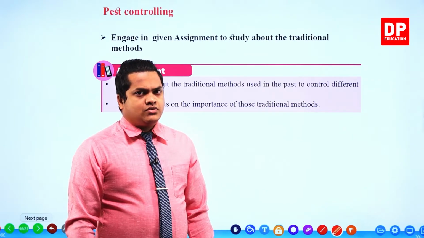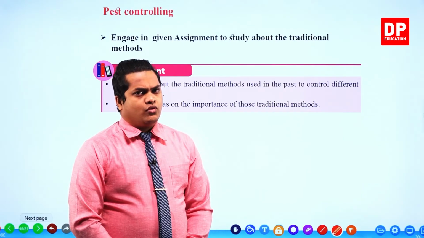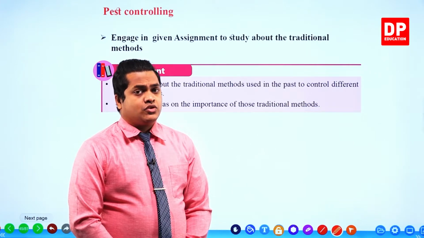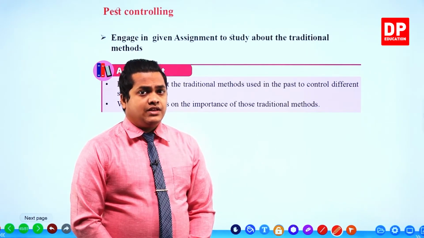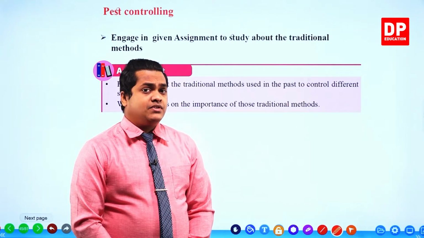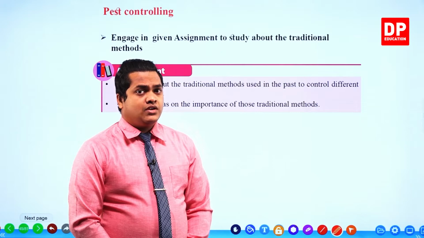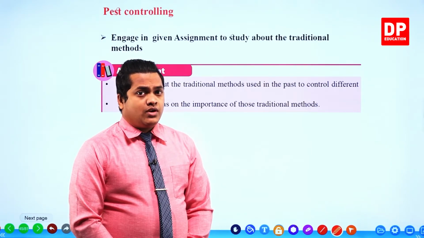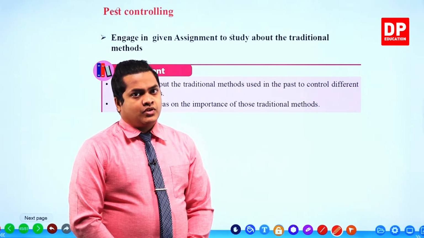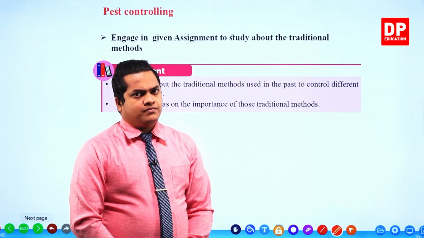Okay. So I'll write down like 3 or 4, my dear children, because you have to engage in this assignment. I'll mention 3 or 4 for your support. You find out even more.